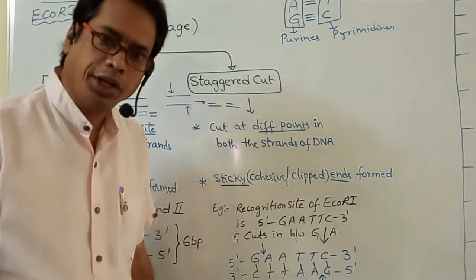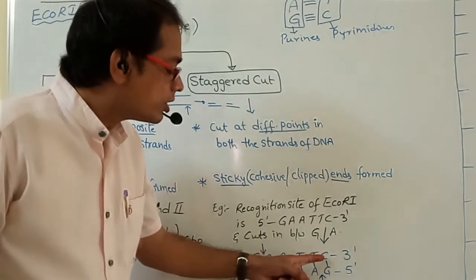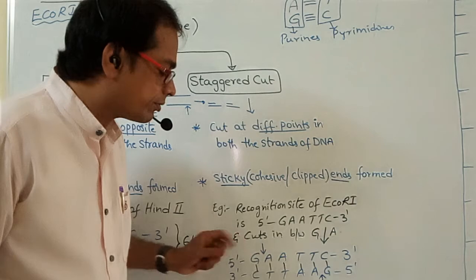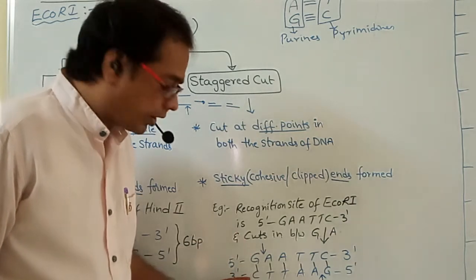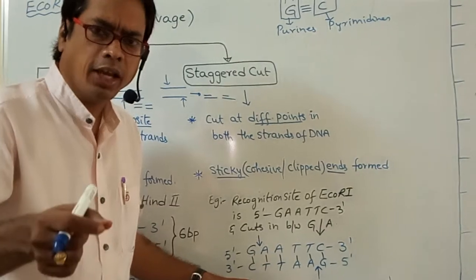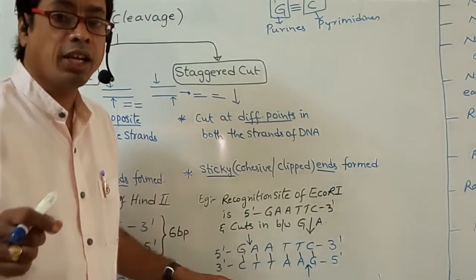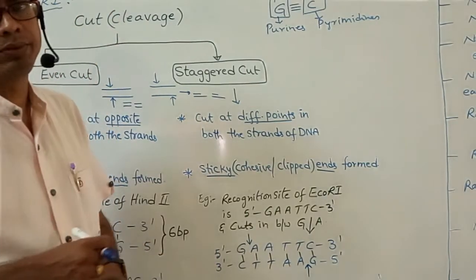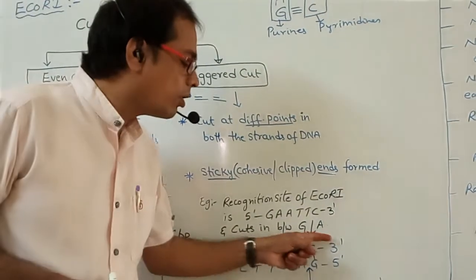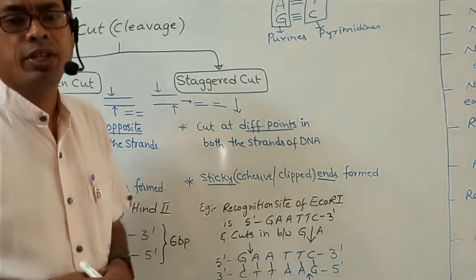Will it be the same when reading both the strands in 3 to 5? Yes. See, 3 to 5 means CTTAAG. CTTAAG. So the reading frame is the same in both the strands of DNA when we read both the strands in 3 to 5 also. One strand in forward, other strand in backward, that one is also a palindromic sequence.